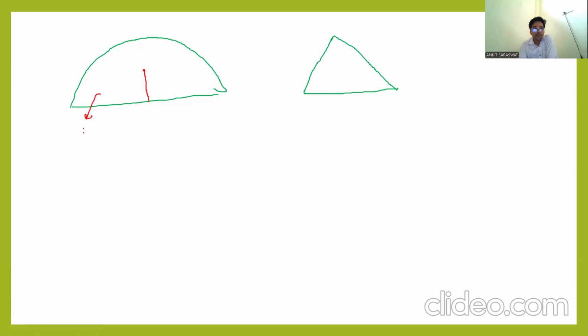This is M1. This is R. And this is M2. So M1 is how much? Density multiplied by its volume, 2 by 3 pi r cube.